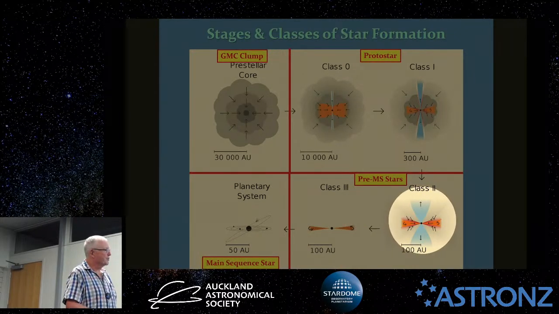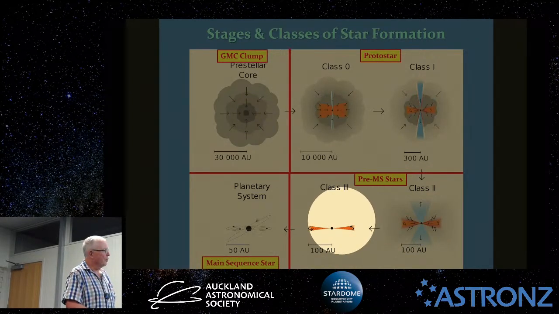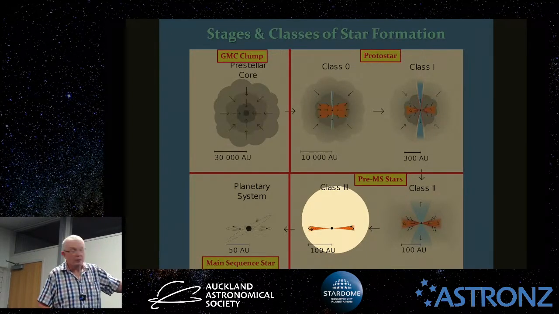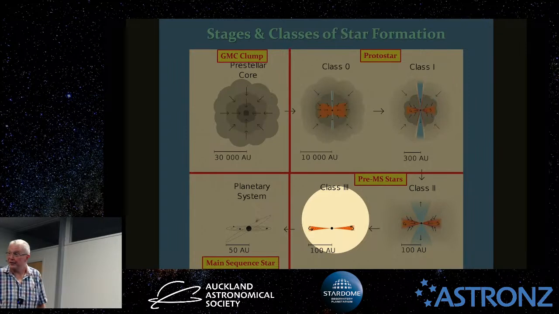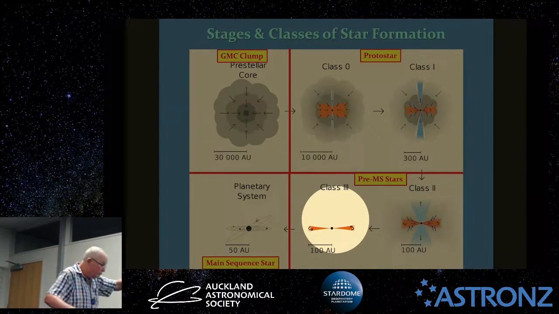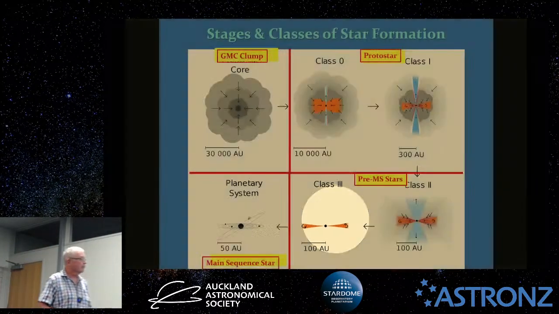They're broken into class 2 and 3, and you can see here there's still a little bit of gas and dust, but nowhere near as much, and it's coming down onto the disk. The jets are still there to a degree, but not so bad. In class 3, you've lost your jets. And the disk, you can see little dots in that disk. It's now called a protoplanetary disk, and that's the little bit of debris that's left over in those disks, and they will become planets. And that's why your planets are always in the same disk plane. So that's just recapping then.